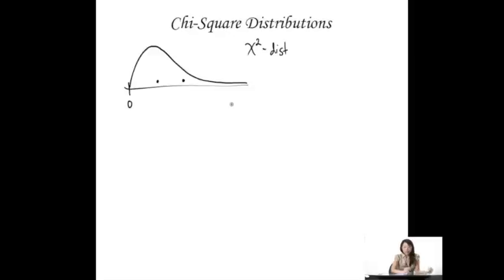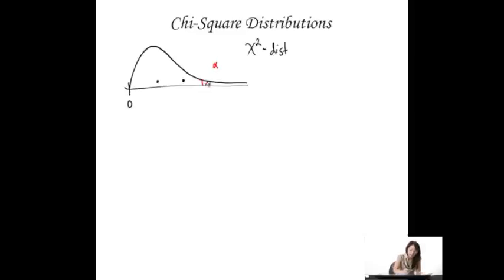Now here, when we look at this, you might think, hey, that looks sort of like the F distribution. And you're right, overall in shape, it looks just like the F distribution. And in a lot of ways, we could apply the reasoning from the F distribution directly to the chi-square distribution. For instance, in the chi-square distribution, our alpha is automatically one-tailed.